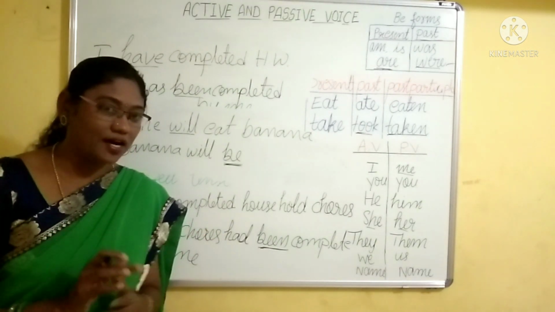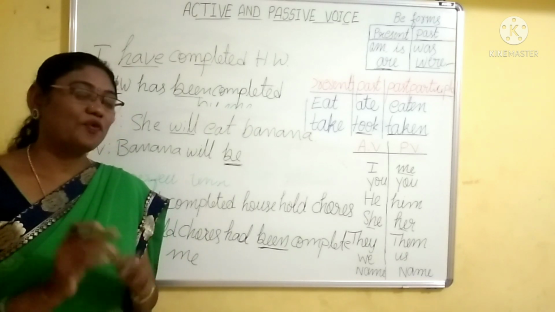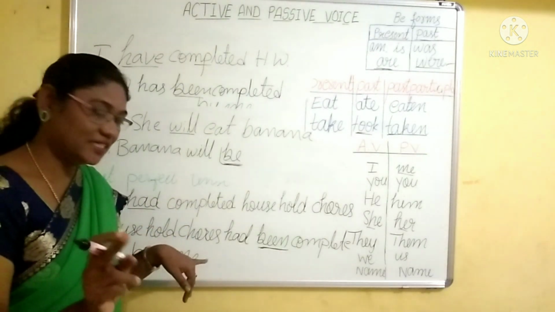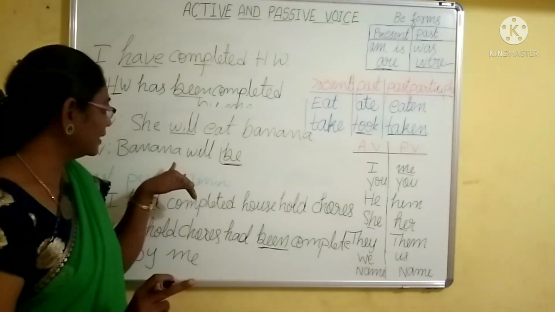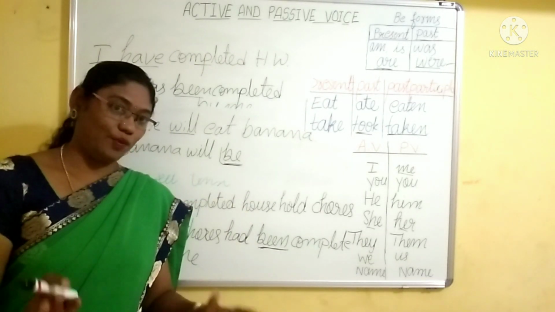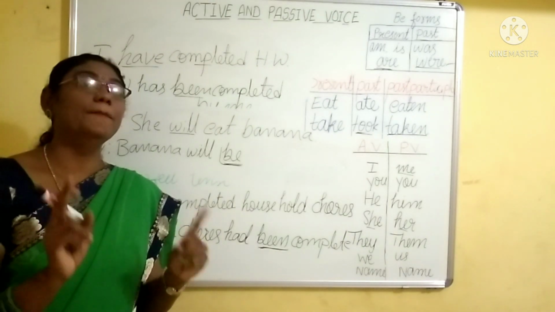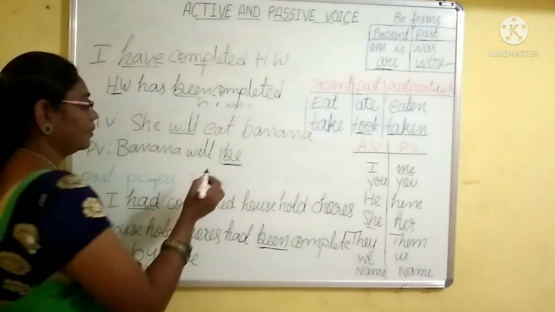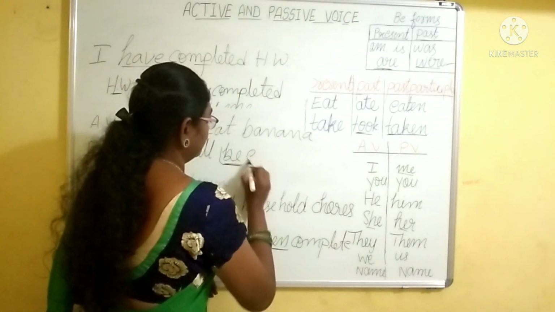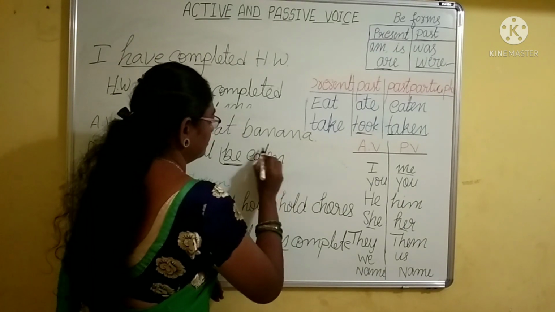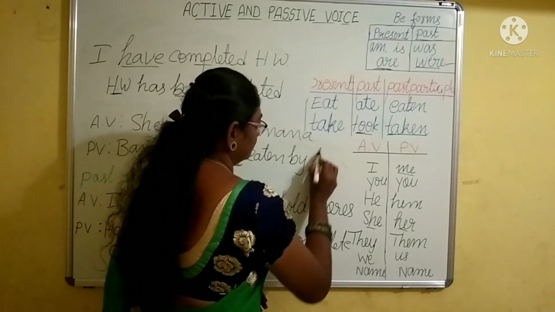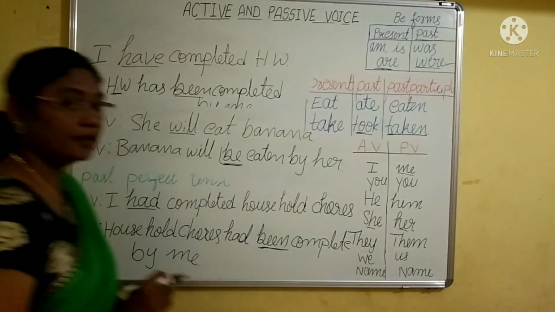When we find any modals in active voice sentences, we have to add be. This is very important. In perfect tenses, we will add been, right? In continuous tenses, we will add being. And with modals, we will use be. Remember this. Banana will be, it will become eaten, by her. Got it?